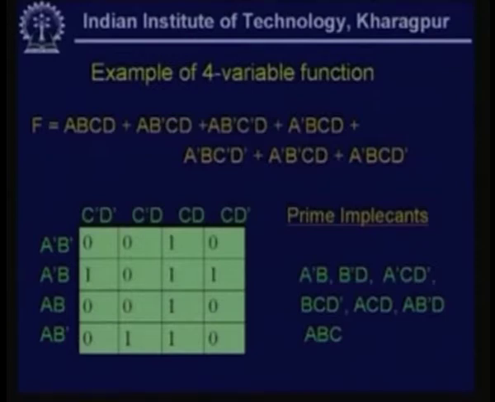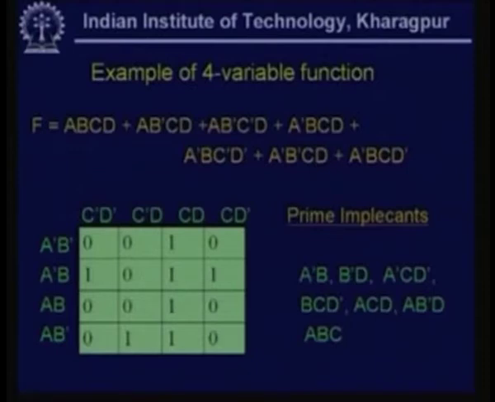That wrap around fashion, because this can always be a couple, but if possible I will always find the largest possible group. So, that is why I will not take the couple, rather I will take the quad. Now, these two, this quad reduces to B bar D. So, this is the B bar D.